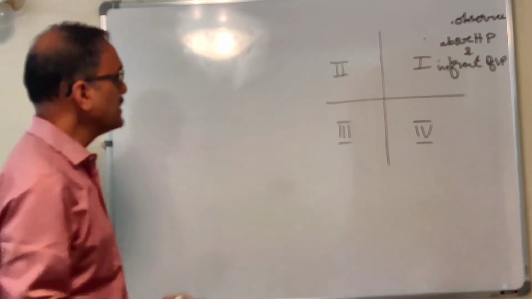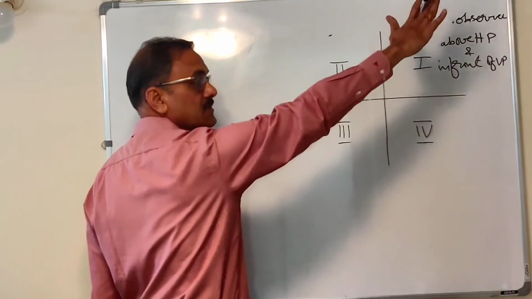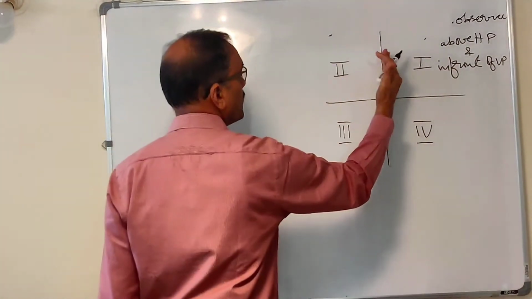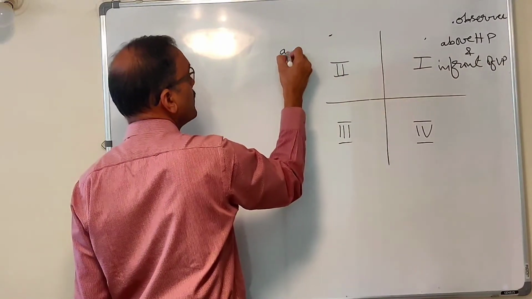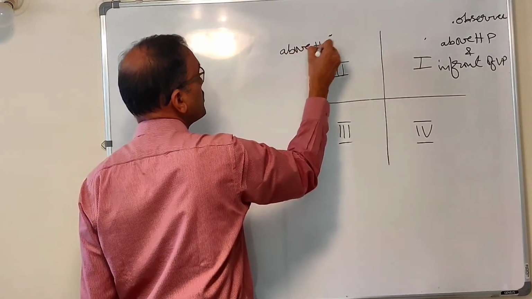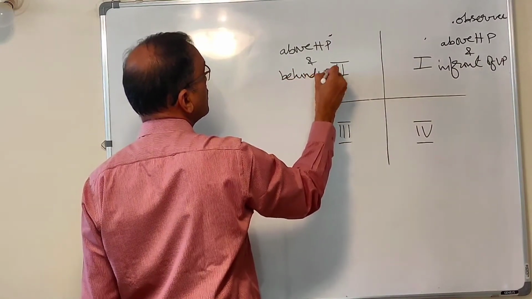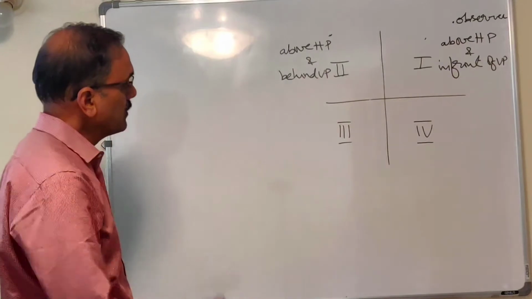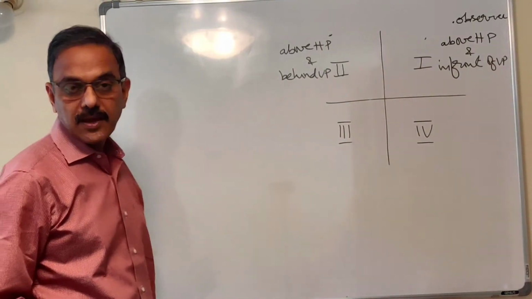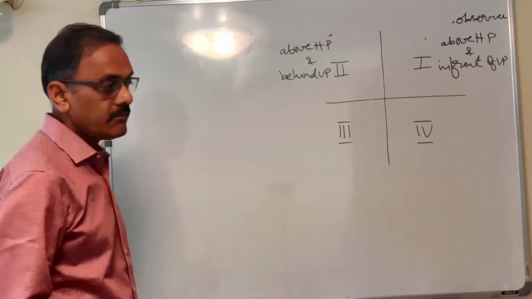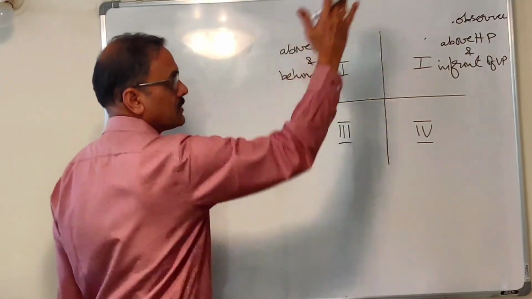Now if you have a point in the second quadrant, what is its position? The observer position is fixed. The point is behind VP and it is above HP. I'll write it here: above HP and behind VP. For the third quadrant, can you pause the video and imagine? It is below HP and behind VP because the observer is there only.